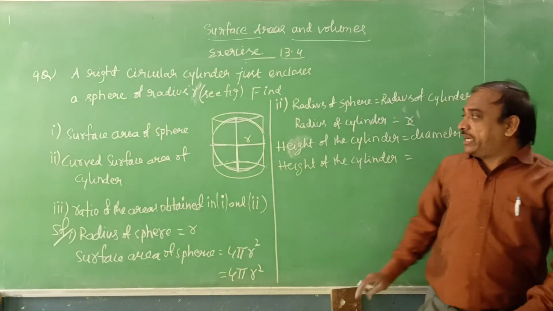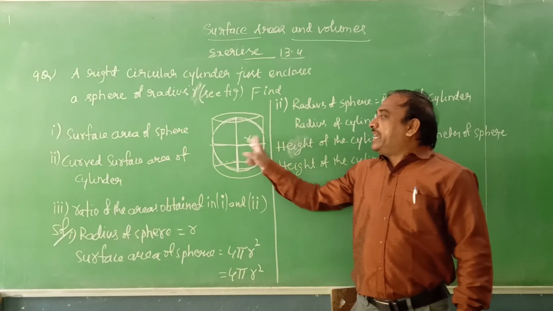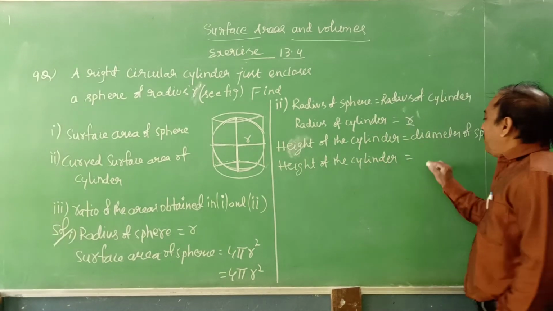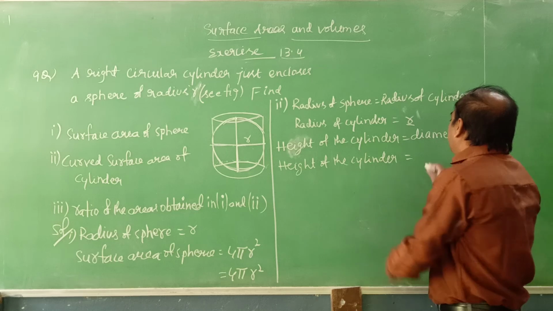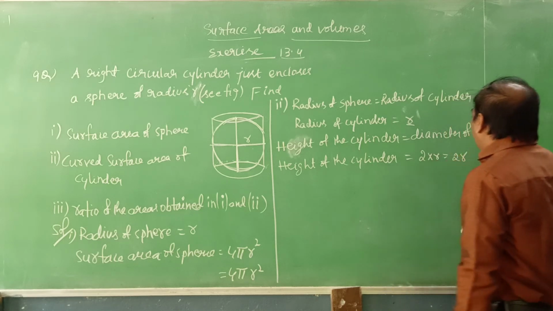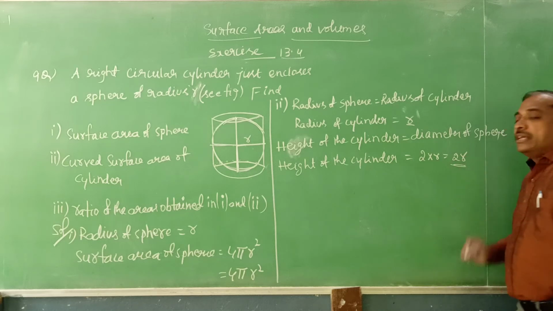The radius is r, so the diameter will be how many times its radius? 2 times. So the diameter, which is the height of the cylinder, is equal to 2 into r, which is 2r. This is the height of the cylinder.